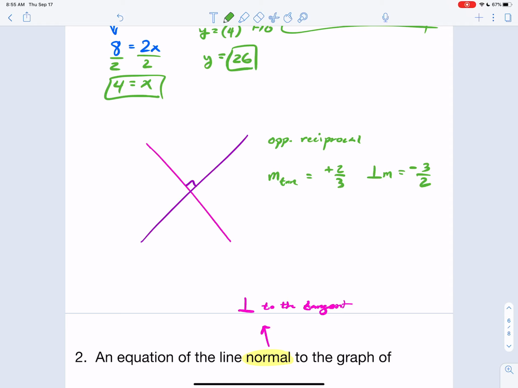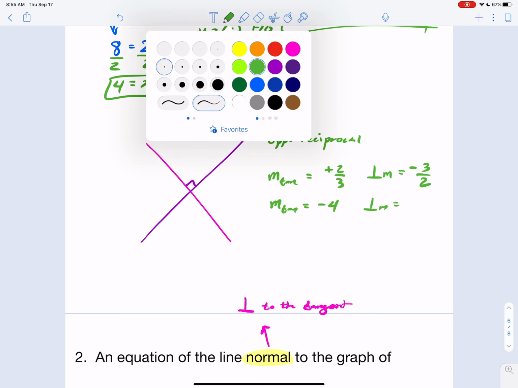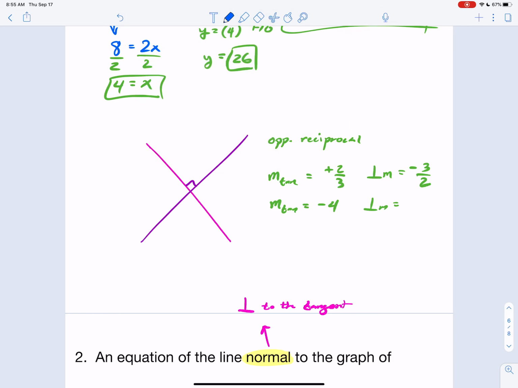Let's do a couple here. I want to make sure that we're good with that concept before we actually do number 2. So if I told you that the slope of the tangent line is -4, pause and press play here. Go ahead and figure out what that normal slope would be. That normal slope would be opposite, so it's going to be positive.